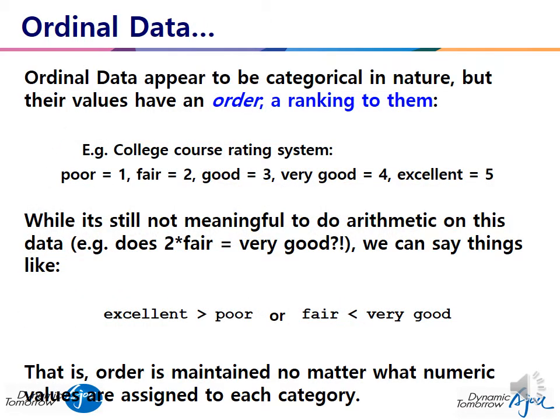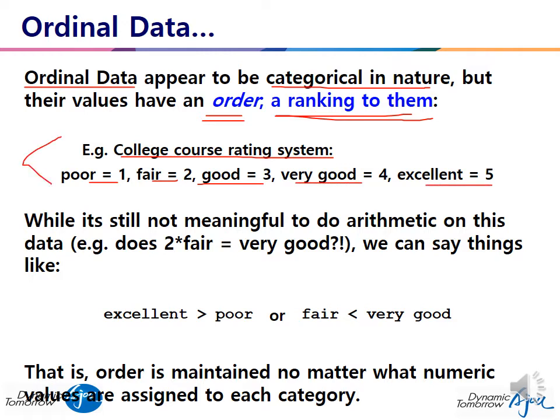The final data type is ordinal data. Ordinal data appear to be categorical in nature, but their values have an order or ranking to them. An example is a college course rating system: poor, fair, good, very good, excellent, 1, 2, 3, 4, 5.